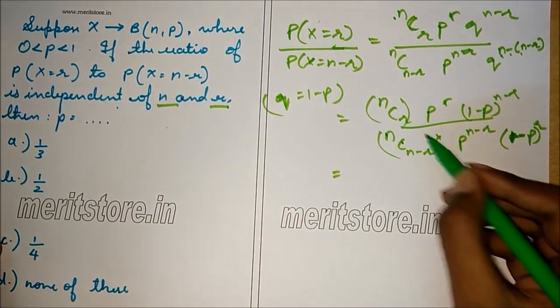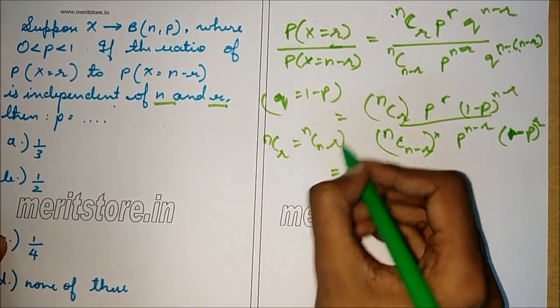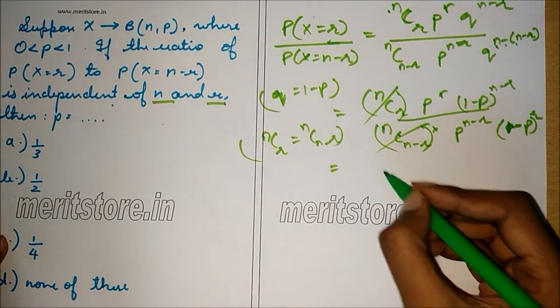So by property of combination, nCr is equal to nC(n minus r). So this term gets cancelled.